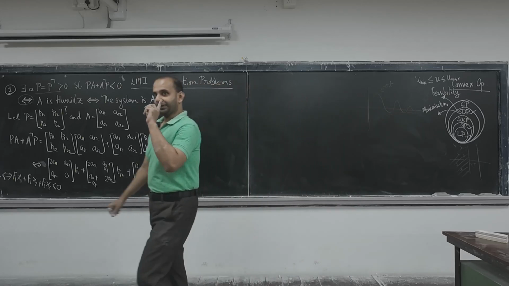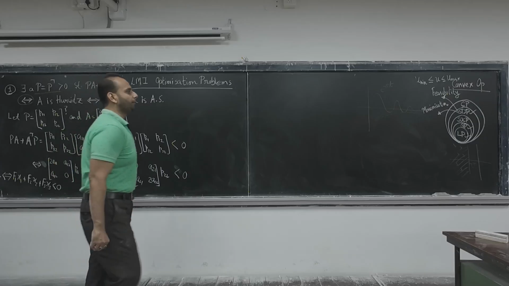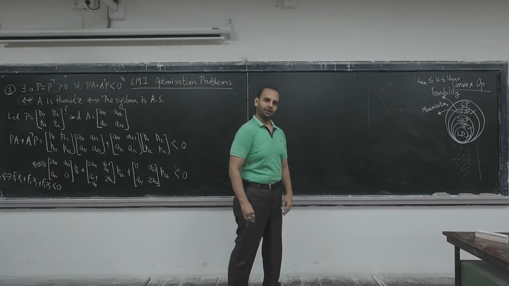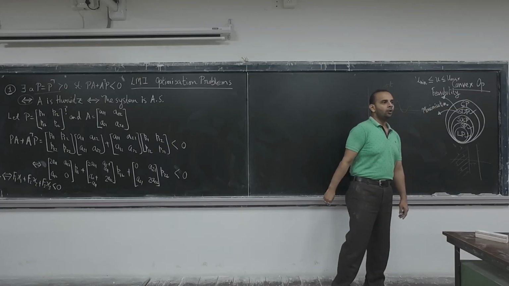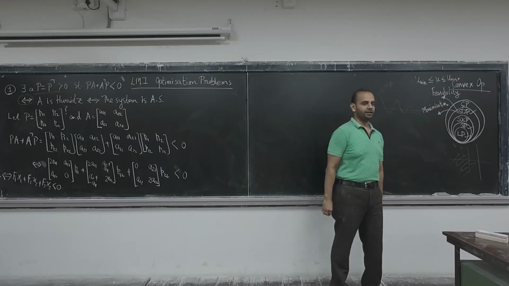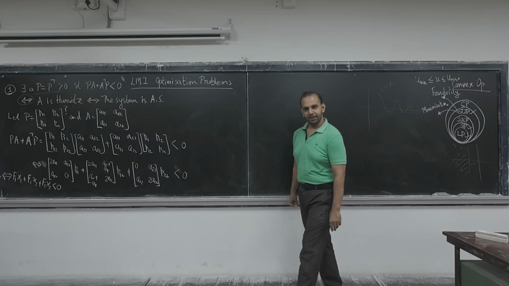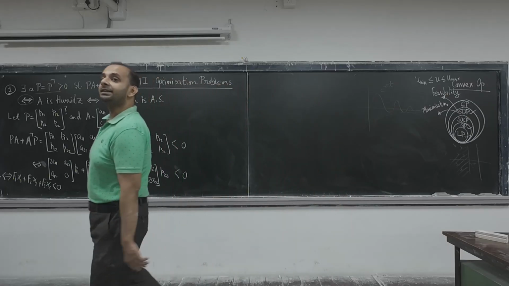So that can be incorporated through the LMI. That is really a useful technique. We call this a state feedback solution with a prescribed degree of stability. State feedback design with a prescribed degree of stability.